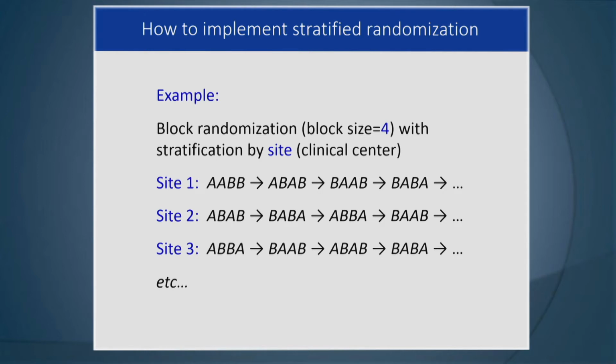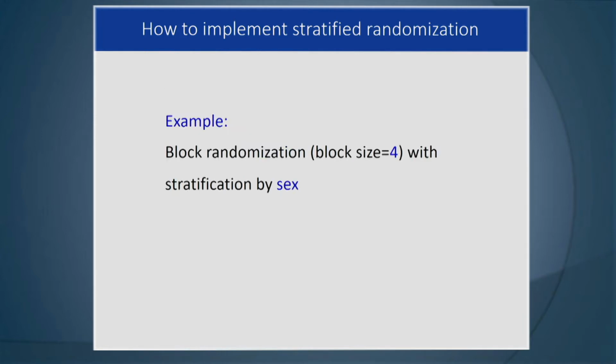So you run the random blocks of size 4 for site 1, a completely different separate series of blocks for site 2, and a completely different series of blocks of size 4 for site 3. So it's nothing really new. The only thing new is that you do it separately for the different stratification levels.